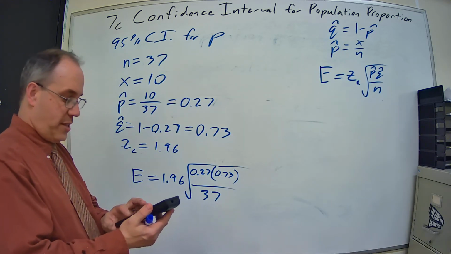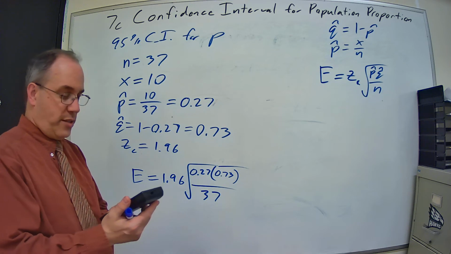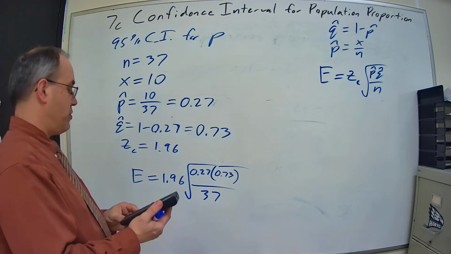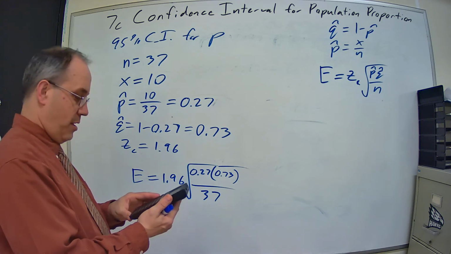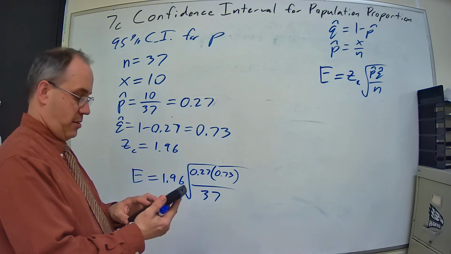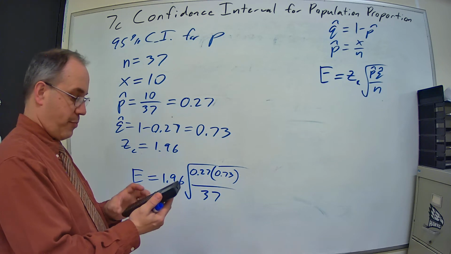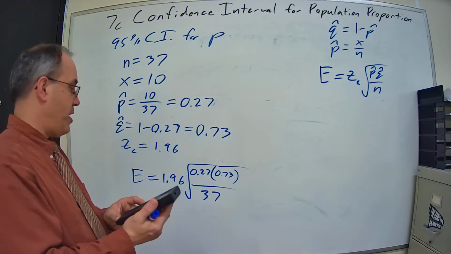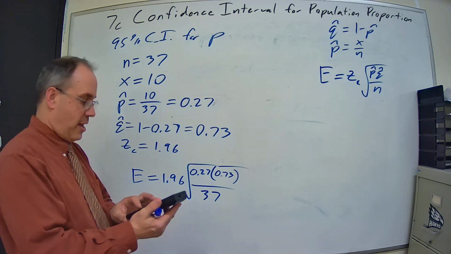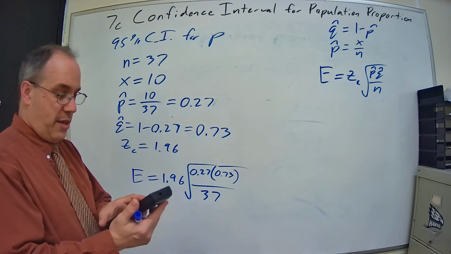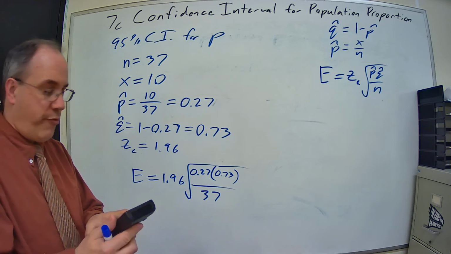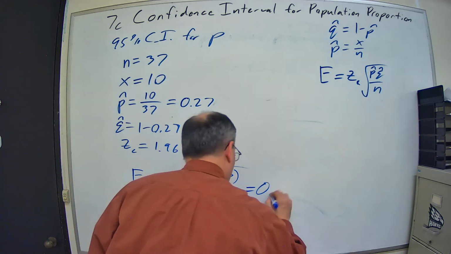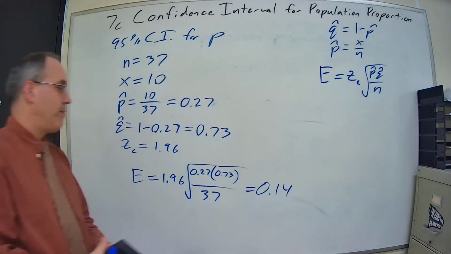Divide that by 37, gives me 0.0053270, with the 270 repeating. We take the square root of that, which gives us about 0.073. Then we multiply that times 1.96, and we get 0.14. So E is equal to 0.14.